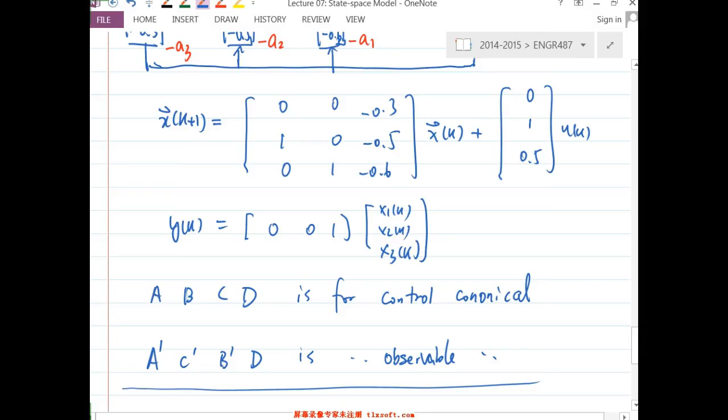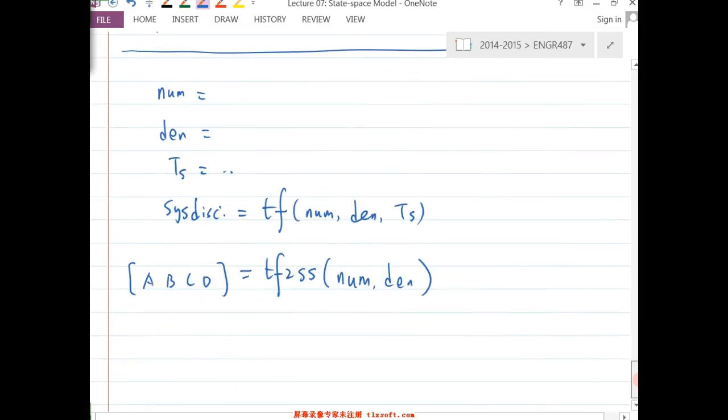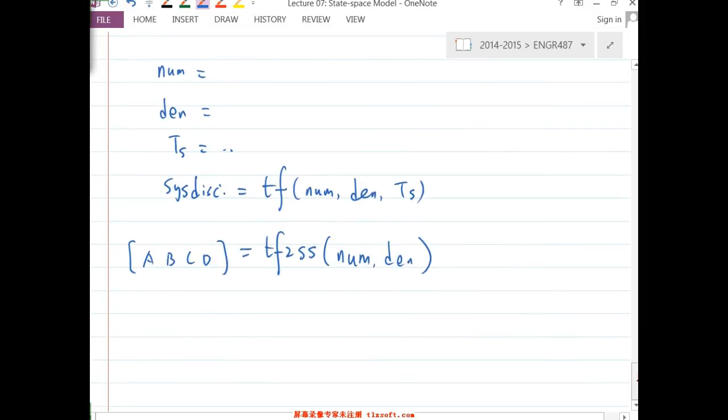Sure. Well, it's always a compromise between the amount of calculation and the amount of knowledge that you want to directly have. If you don't know your system and you purely rely on the mathematical tools, you probably have to do that.